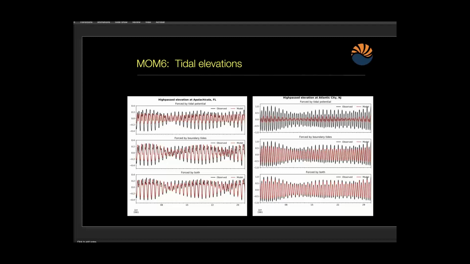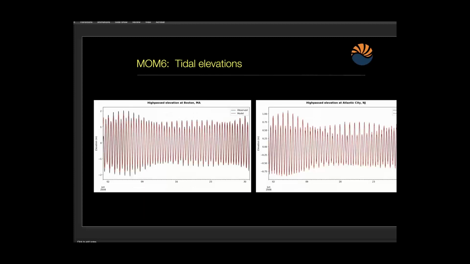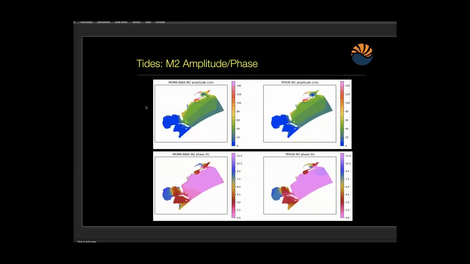Looking at high-frequency elevation at both Boston and Atlantic City, you can see that the tidal elevation dynamics are working really, really well with explicit forcing of the tides. Here is the M2 tide amplitude.